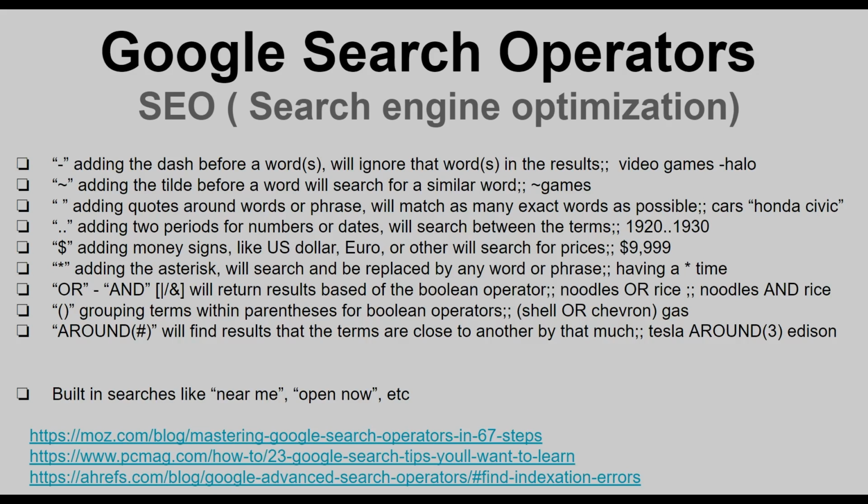If you add quotes around a word or phrase, it will match as many exact words as possible. So let's say you're looking for a specific car: you can look up cars and then put Honda Civic within quotes, and that will search for cars relating specifically to Honda Civic, matching those exact words.